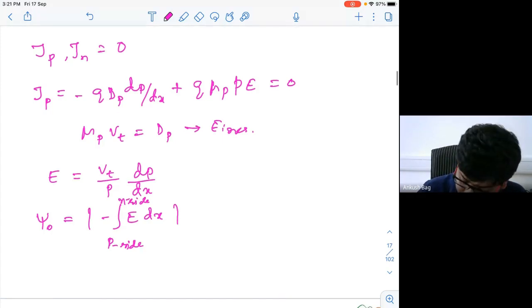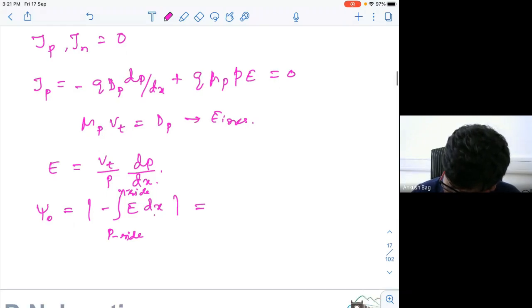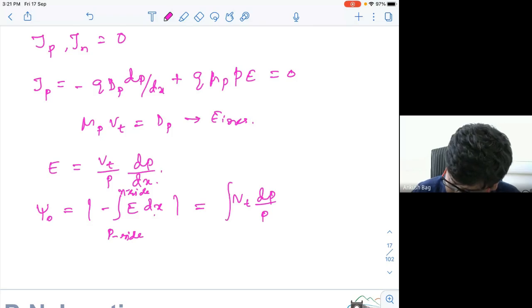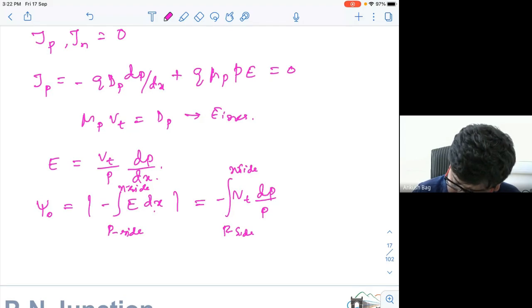If we now put this electric field from here, then this dx and dx will cancel out, and we'll have Vt times the integral of dp by p over the P side to the N side, and this negative sign will be there.